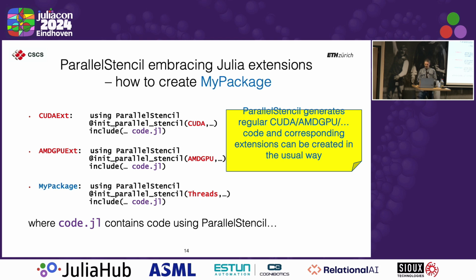So we have first CUDA extensions, the module, right, when you create an extension, an AMD GPU extension and the package. And each would just initialize ParallelStencil with the corresponding backend. And then the code that we would include here can be shared. It doesn't have to be different.